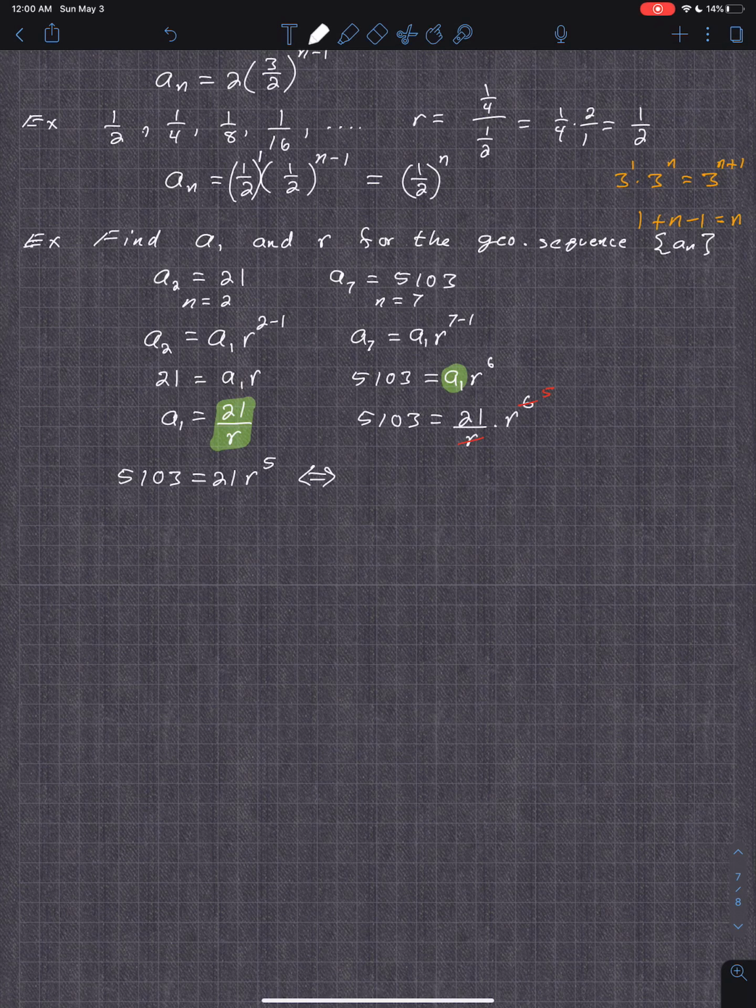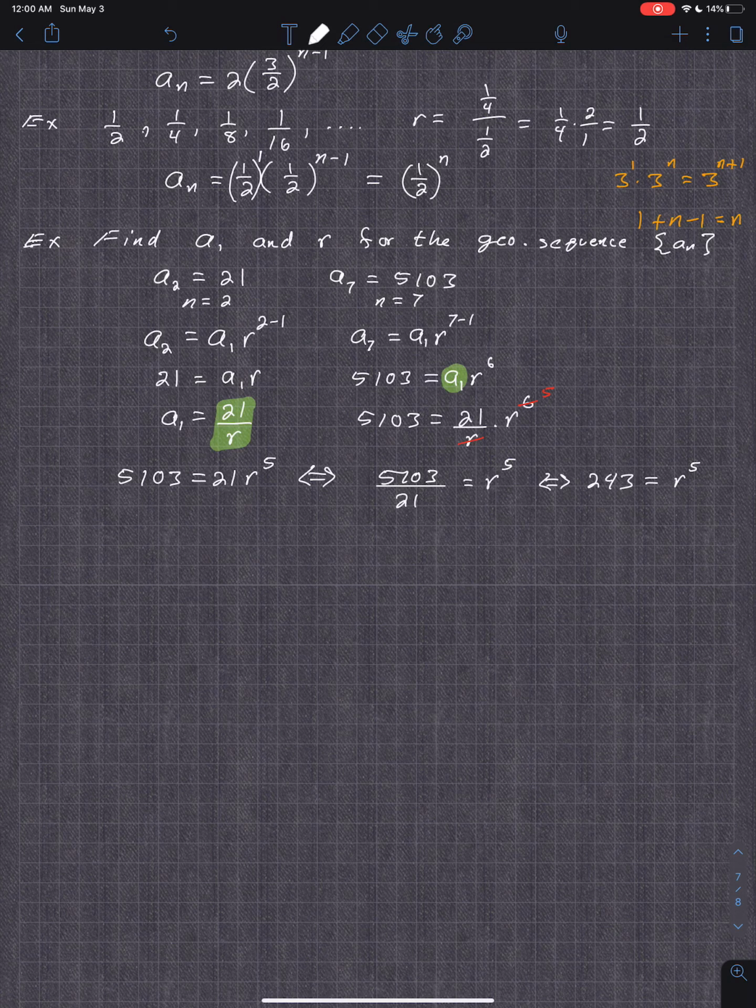So that's equivalent to saying 5,103 over 21 is equal to R to the 5th. And if you do that division, what do you get? You get 243 is equal to R to the 5th. And so, what's the 5th root?